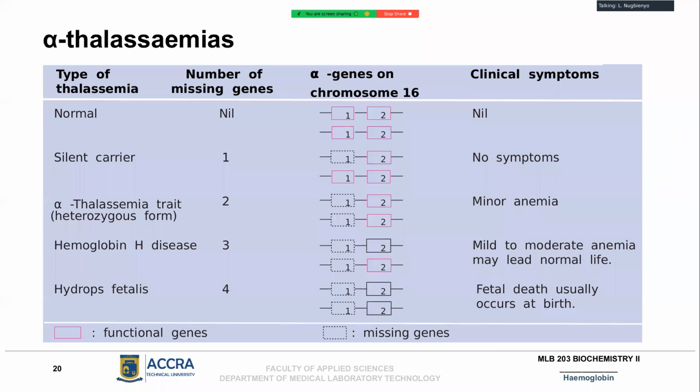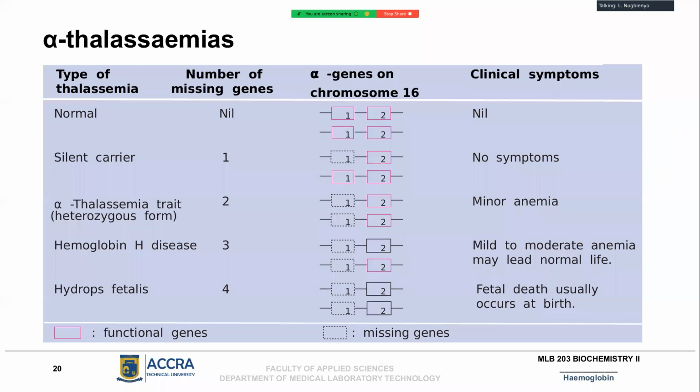All right. Now, looking at all of these things, there can be some forms of hemoglobinopathies due to some missing genes in a globin chain, or it can be that the gene is present, but the gene is non-functional for whatever reason.